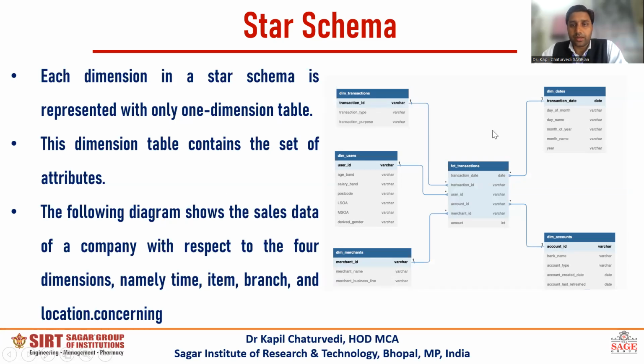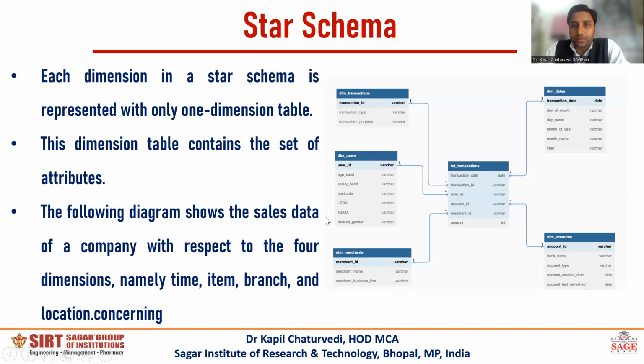As we can see in the diagram, we will go into the theory, but before that we must see the diagram. Here we have a fact table. In this, we have different keys like transaction date, transaction ID, user ID, account ID, merchant ID, and amount. That table is connected with different tables like dimension transactions, dimension users, dimension merchant, dimension accounts, and dimension dates.